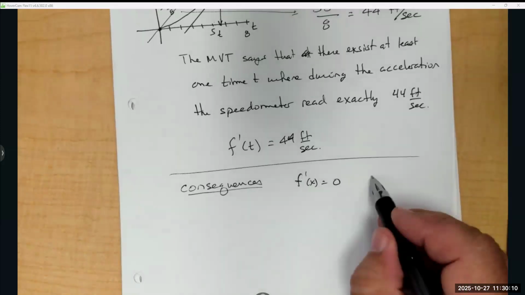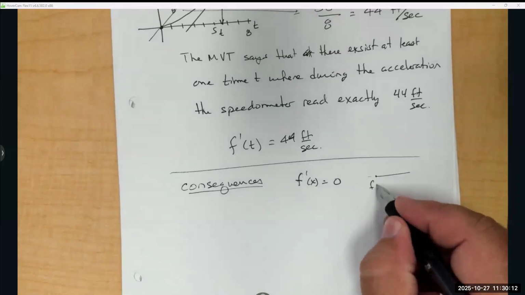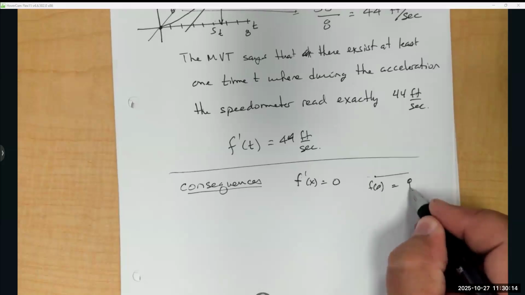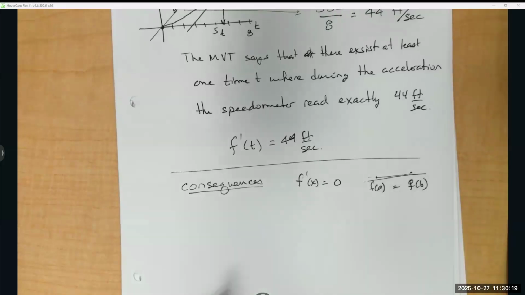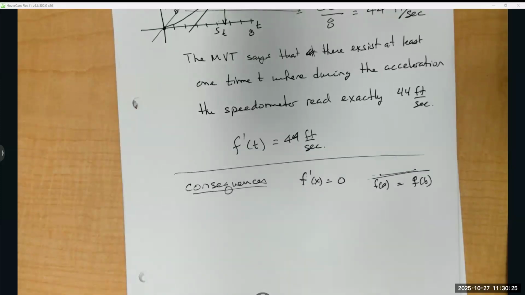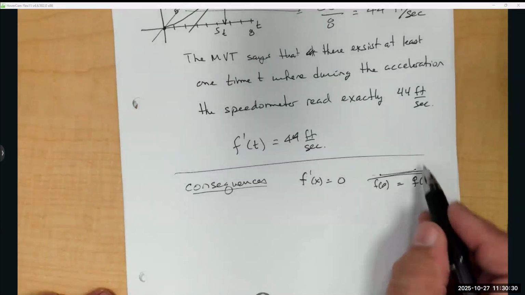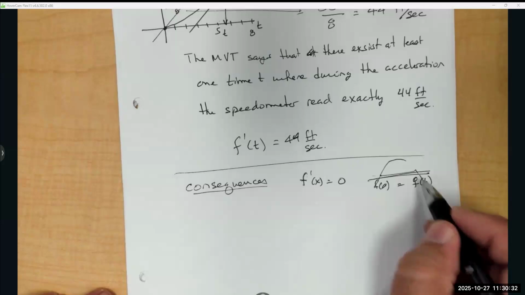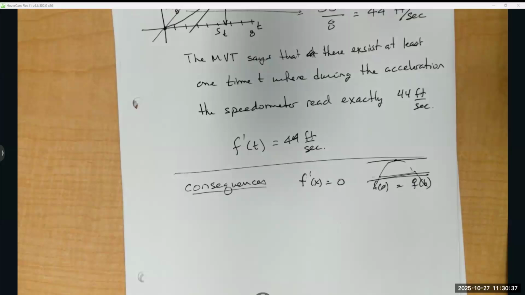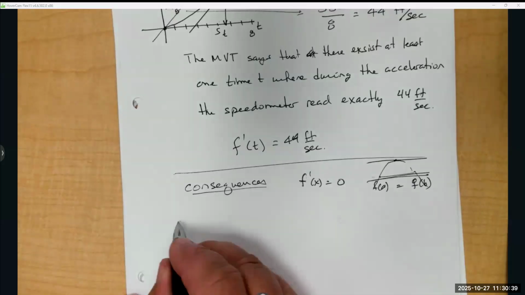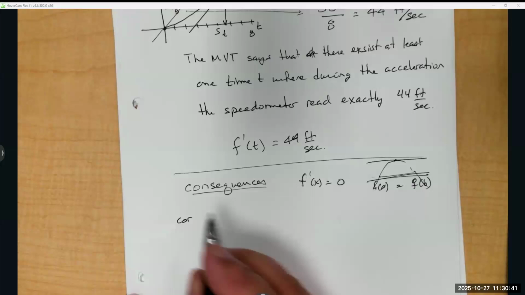Because Rolle's theorem was when f of A equals f of B. If f of A equals f of B, then the slope between those two points is zero. That's where the whole section started: if this is true, then there has to be another point in which it's parallel.